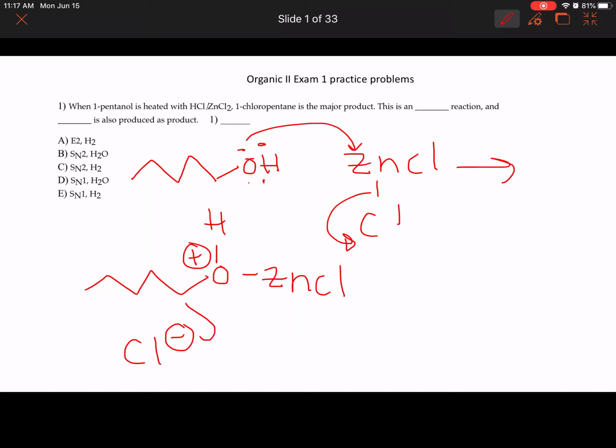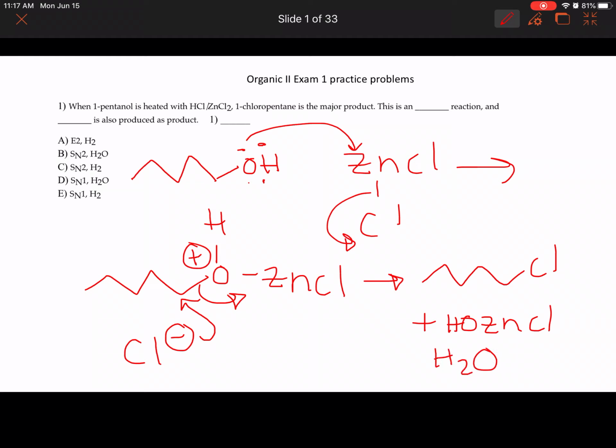So the chloride attacks this carbon and leaves HOZnCl, and then the product is going to be chloropentane, 1-chloropentane, plus OHZnCl, and also as the major reaction you will be losing a water molecule.